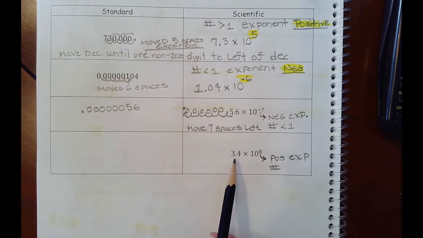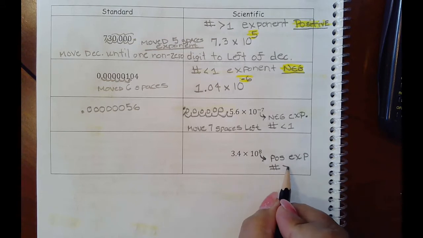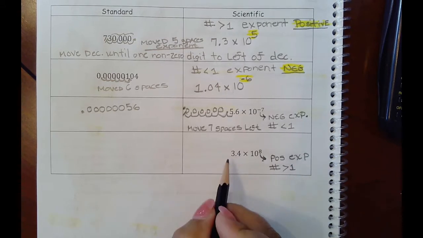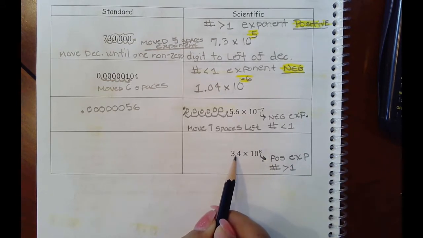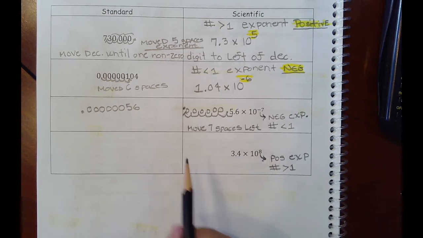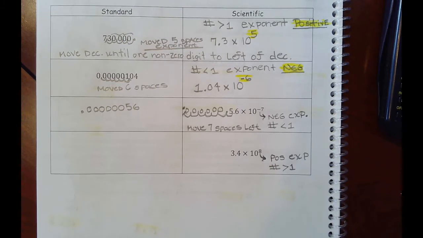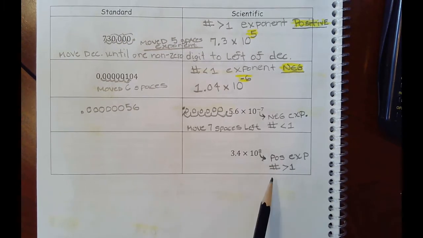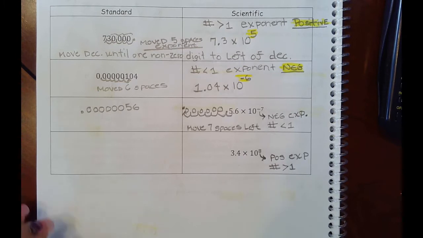This is a 3.4. I know that's already greater than 1, but it's really going to be even bigger than that. If you were to take this decimal and move it 8 spaces to the left, you would end up with a number less than 1. So positive exponent, you want to end up with a number greater than 1. That should stop you from moving the wrong way.